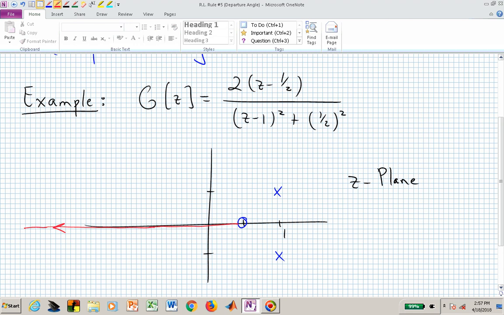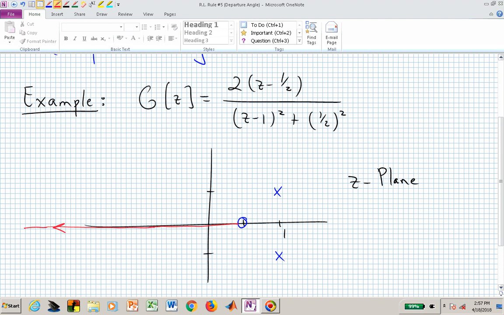What we want to know with rule number 5 is, how do these branches depart from the poles? And that's really what rule number 5 is. We could compute the reentry location along that segment of the real axis that belongs to the root locus to determine where those 2 branches return back to the real line.